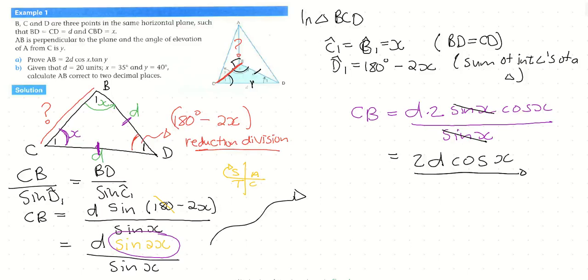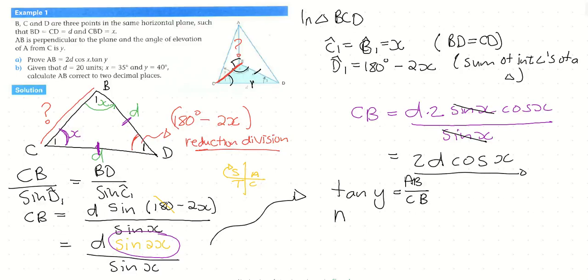And is that not what they've asked me to solve? Prove that AB is equal to 2D cos x tan y? No, I've already proved CB. So now how do I get that to prove AB? We know tan y is equal to opposite, which is AB, over adjacent, which is CB.